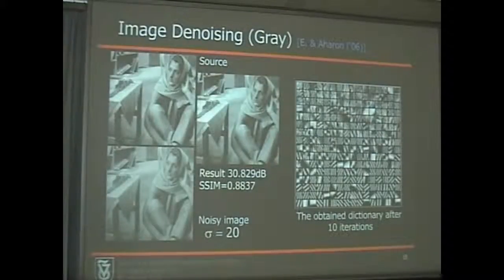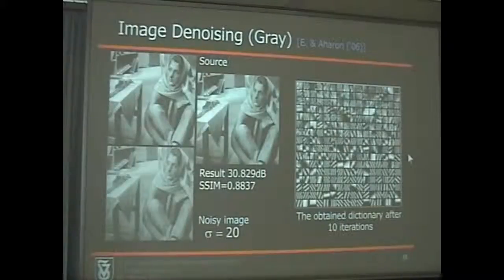In particular, these stripes are very prominent, because if you look at this image in sufficiently high resolution, you will see that it has lots of stripes here, and then there are these checkers in the tablecloth and so on. So it looks like most of the dictionary tries to do justice to the stripes, and things like the face you can apparently express with really few basis functions or atoms.